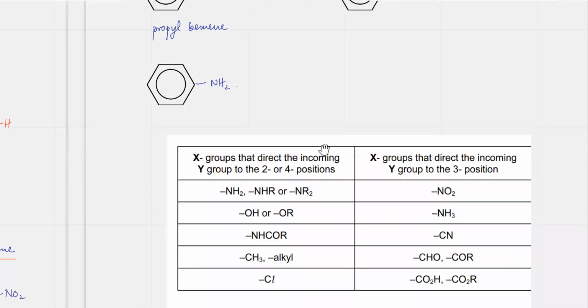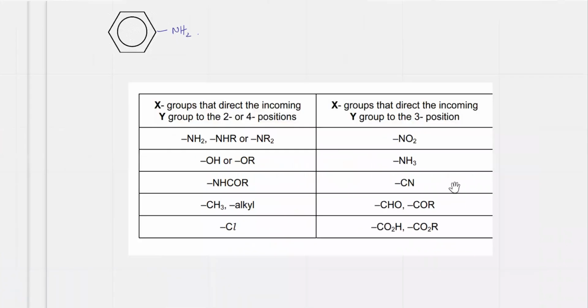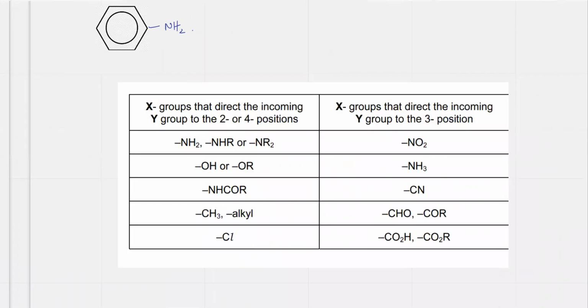And we talked about the kind of groups that are attached to benzene. You've got 2,4,6 directing groups, usually referred to as just 2 and 4 directing groups. So if the benzene is attached to an amine, an OH, or an O with a carbon chain, or an amide, or an alkyl chain, or a chlorine.